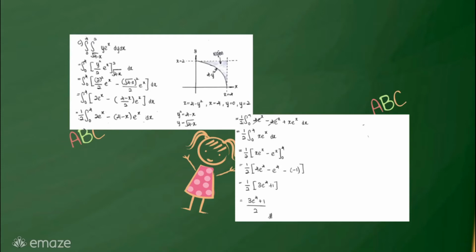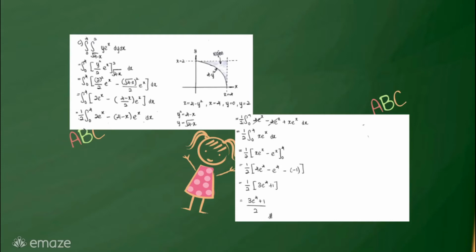So y equals square root of 4 minus x. So the range for y is from square root of 4 minus x to 2, and the range for x is 0 to 4. Then we integrate dy.